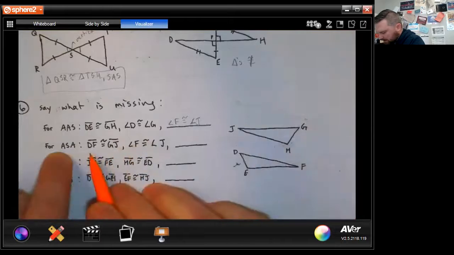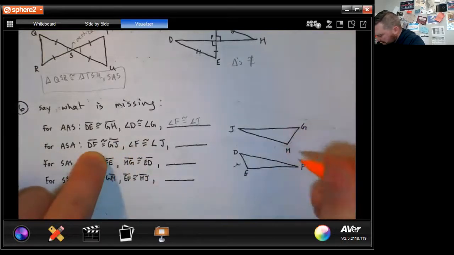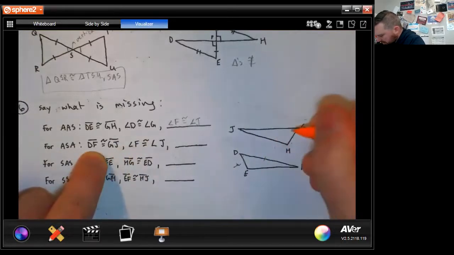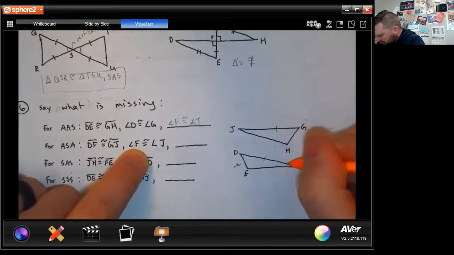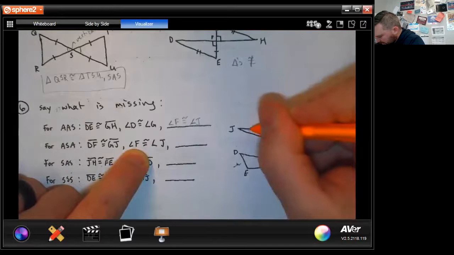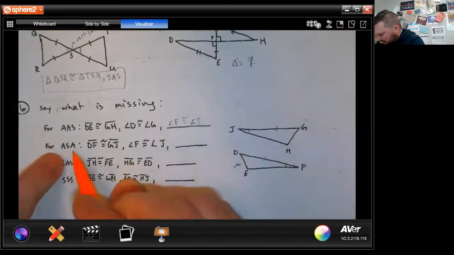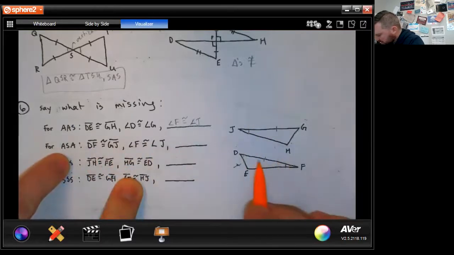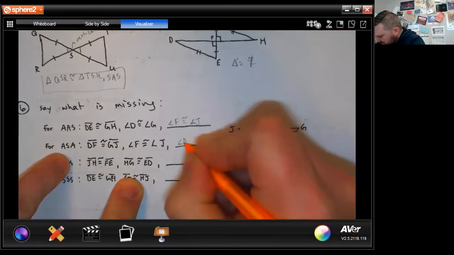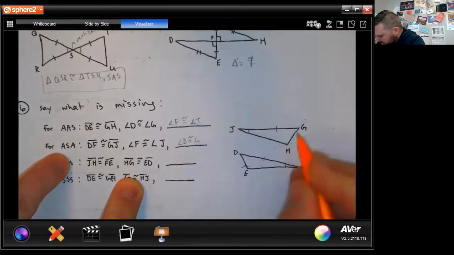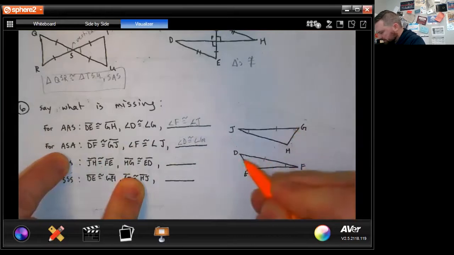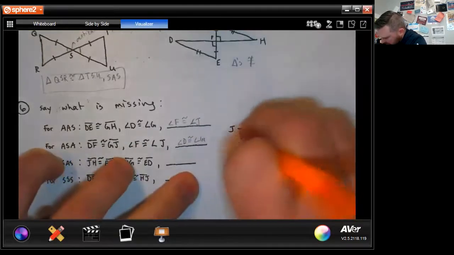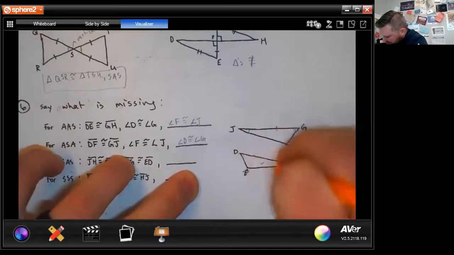For angle-side-angle: DF and GJ, and angle F and angle J. You need angle-side-angle, so the side's in between 2 angles. So you need angle D to be congruent to angle G, here and here. So angle-side-angle.